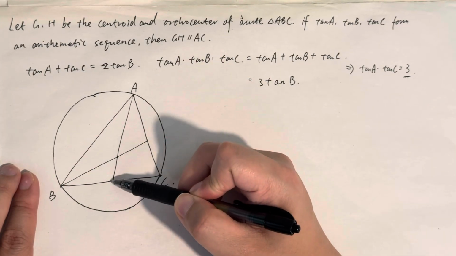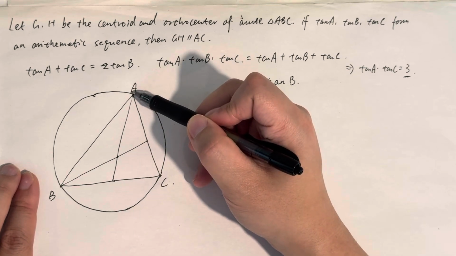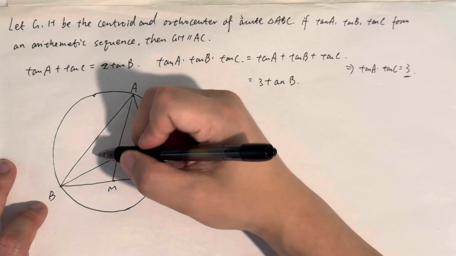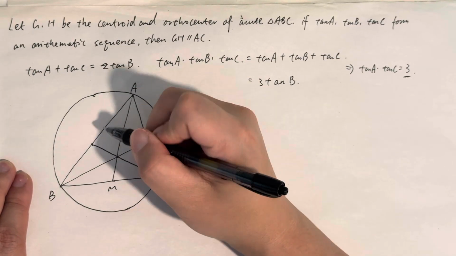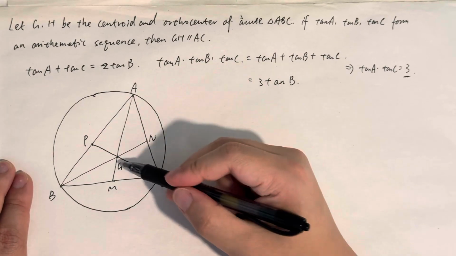Which means that this to this is 1, 2, 3. So let's call this M here, call this N here, call this point P here. Then this is G. That's the centroid.